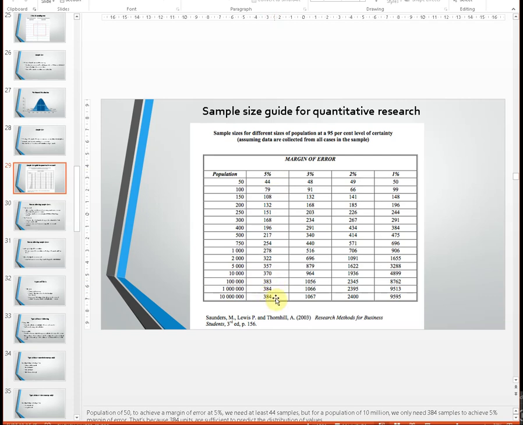And that number at the bottom of the table, 384, is actually the gold line here. It indicates that even if the population increased to 100 million, 384 samples, well, if randomly selected, will have a good representation of your population.